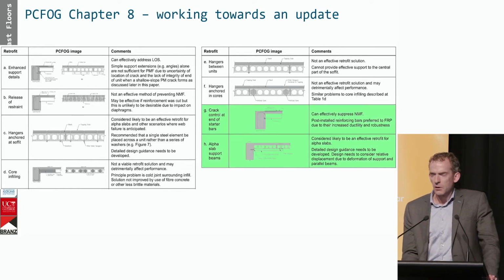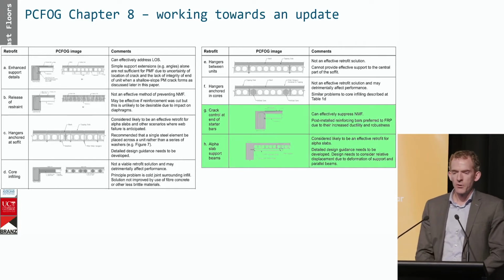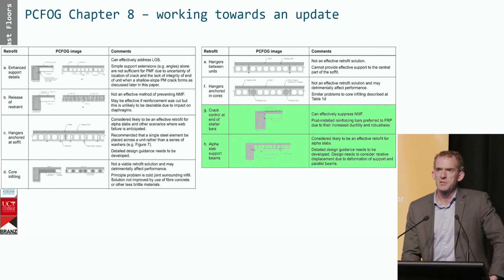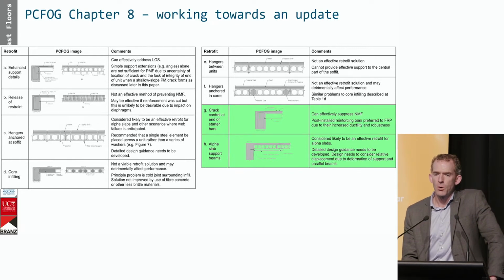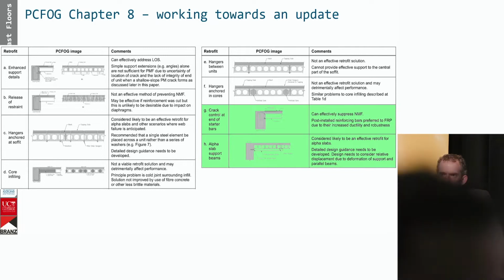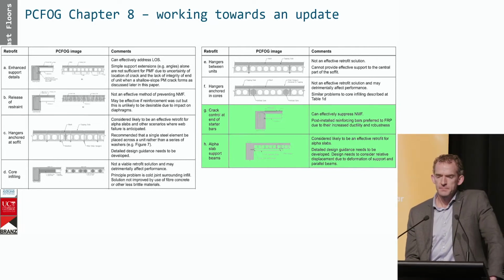And in the paper, we've gone through and put commentary on each of the various methods that are discussed in the PCFOG report. And as I said at the start, most of what the PCFOG report says is broadly correct. There are items described as probably working pretty well in the PCFOG report, and they've now been more or less verified through testing, or there's no reason to think that the understanding changes.